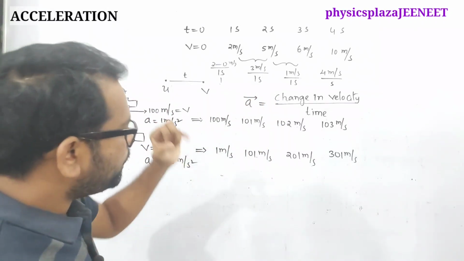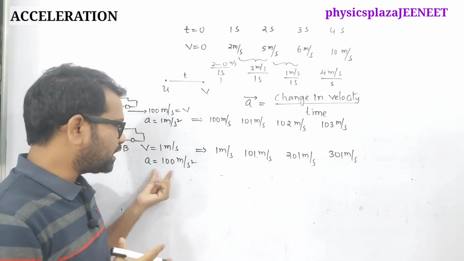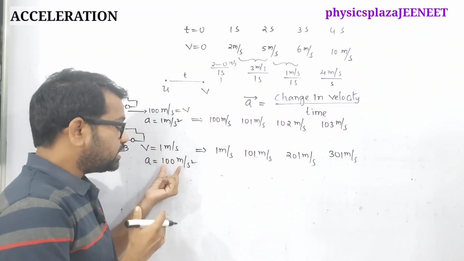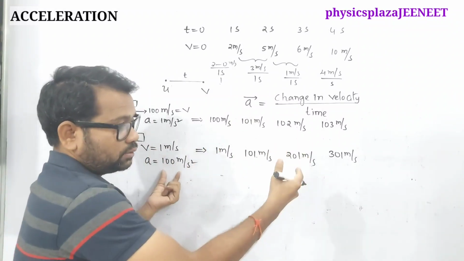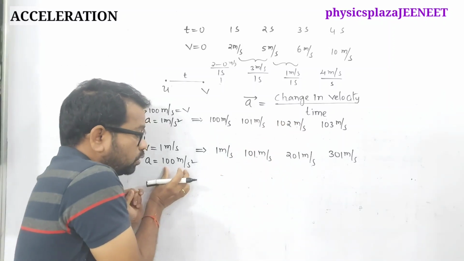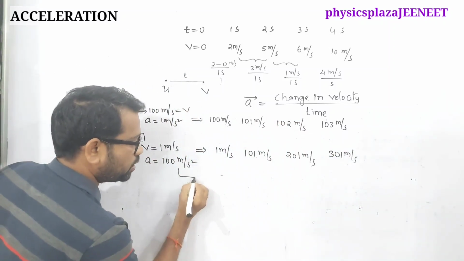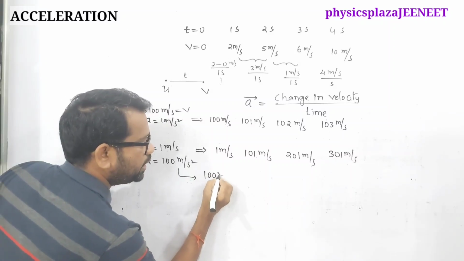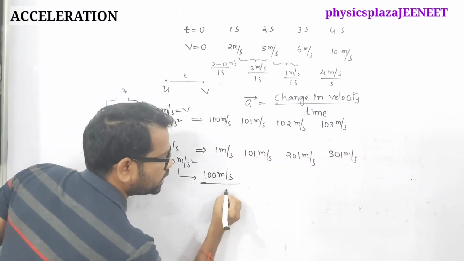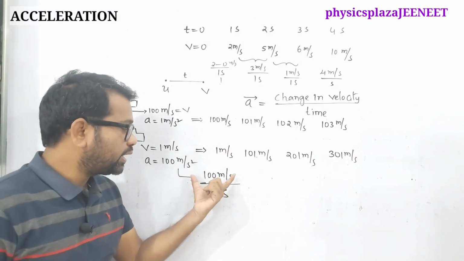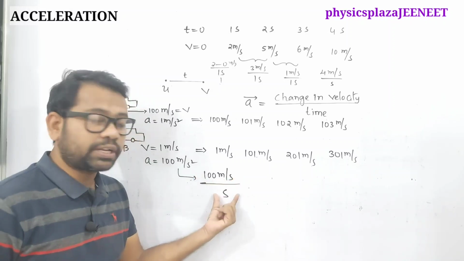See, it's very important. Meter per second square. A plus sign means the velocity is increased by that much amount for each and every second. So 100 meter per second square means the velocity keeps on increasing by 100 meter per second in each second.